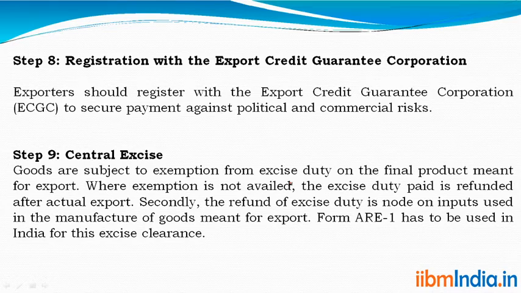Next is registration with the Export Credit Guarantee Corporation. As we know, in international trade, numerous risks are involved, such as political risk due to border clashes. The India-China border conflict has been going on for the last 1 or 2 years, and India-Pakistan clashes have been going on since independence in 1947.